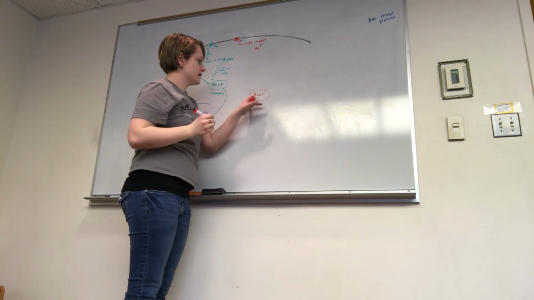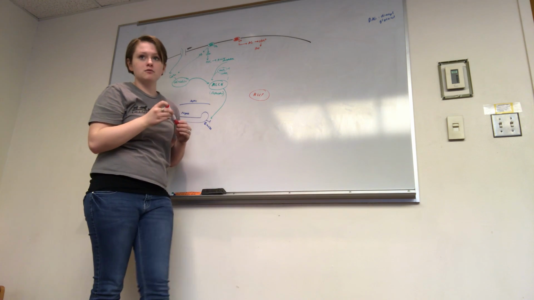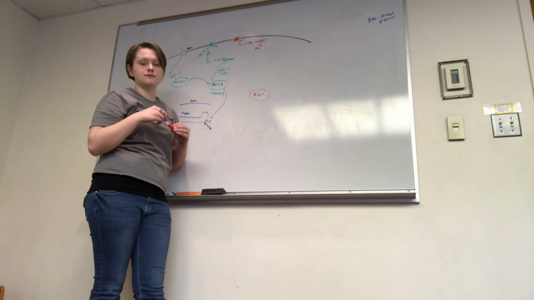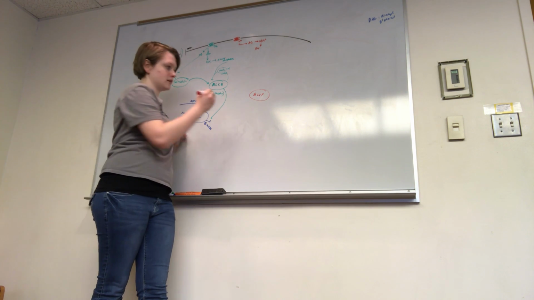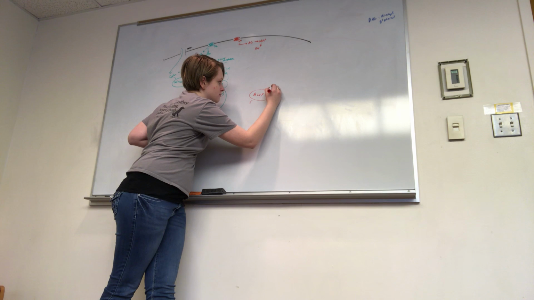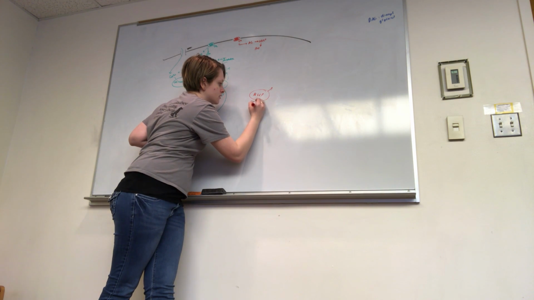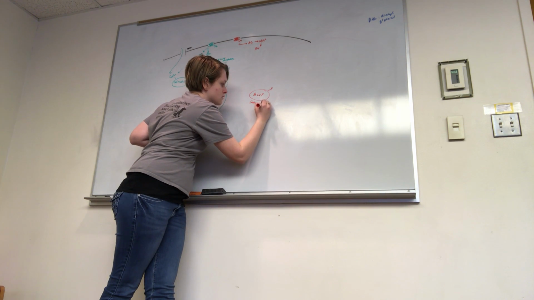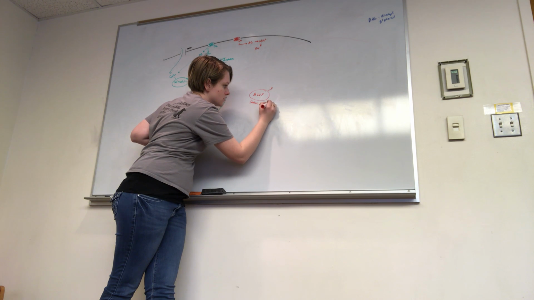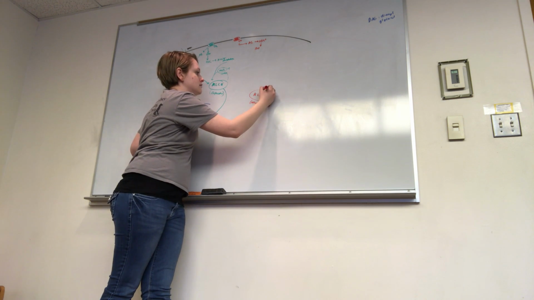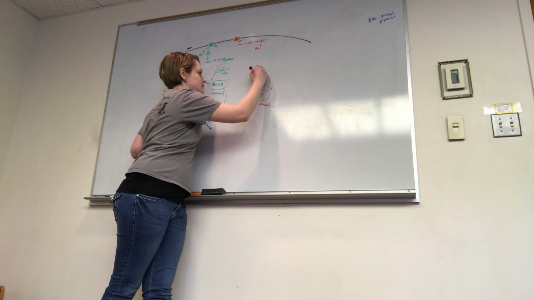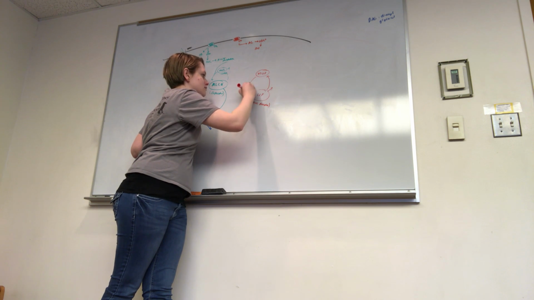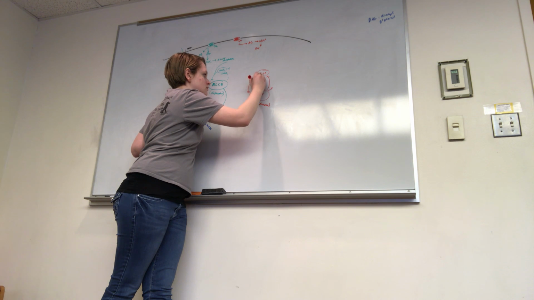Is myosin light chain phosphatase active when it is phosphorylated or dephosphorylated? Phosphorylated. So we're going to put an active phosphate state. It stands to reason that sometimes it's in its inactive state, which would be phosphorylated or dephosphorylated? Dephosphorylated.